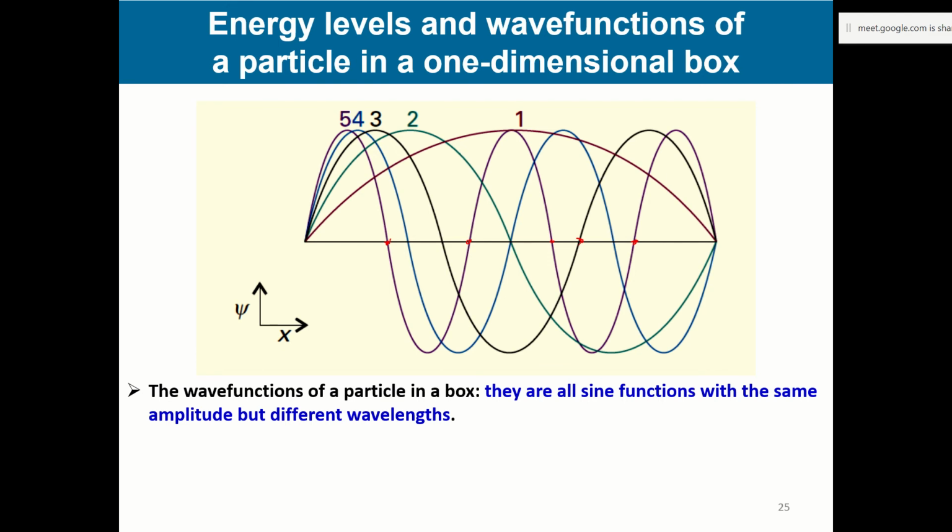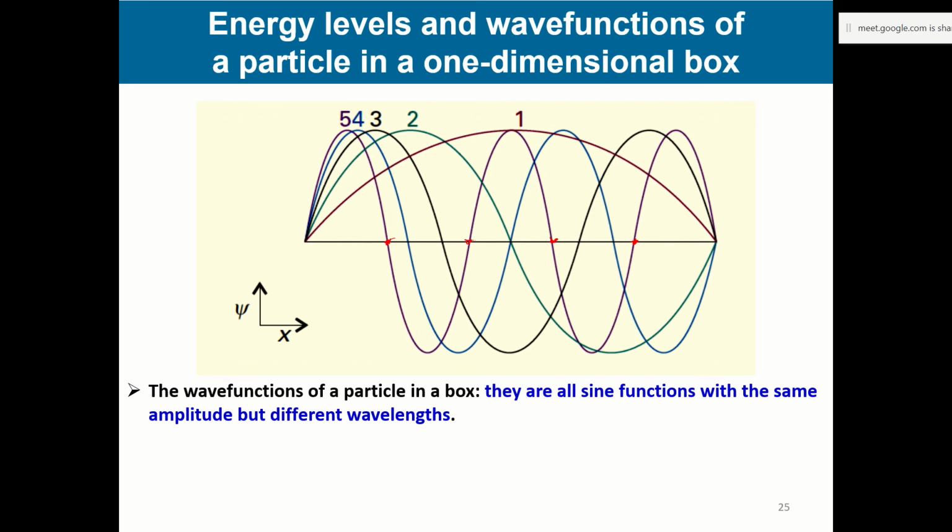So n equal to 1, no node; n equal to 2, 1 node. Nodes keep on increasing as the quantum number increases, and the curvature increases.